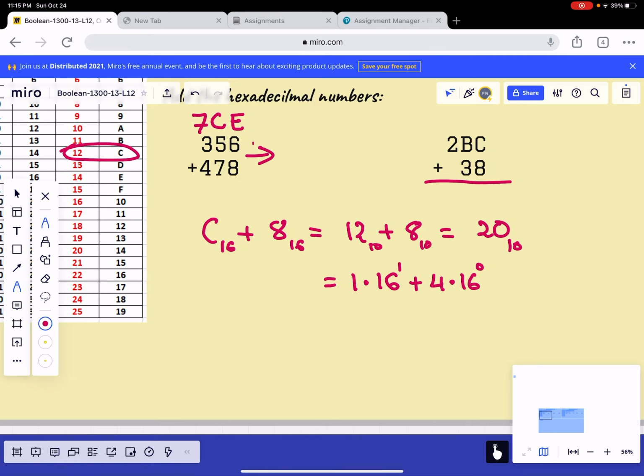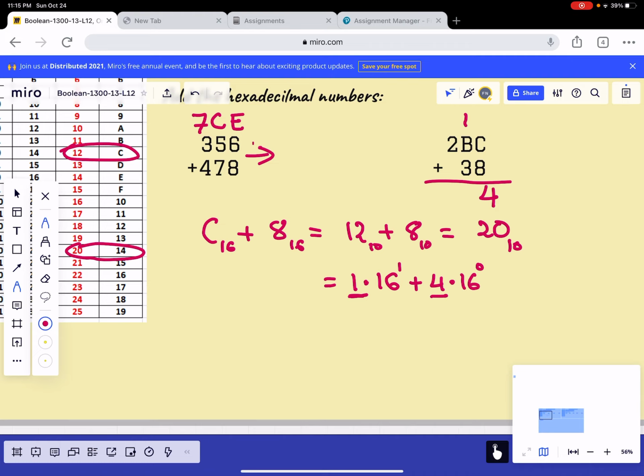So the answer is 1, 4. Convert 20 back to hexa is 1, 4. All right, so 20, as you can see here, equal 14 hexa. So 14, I write out 4, and I carry 1 over here.